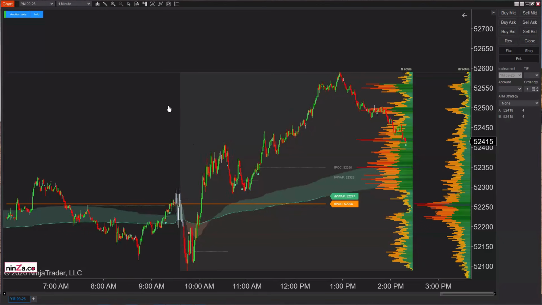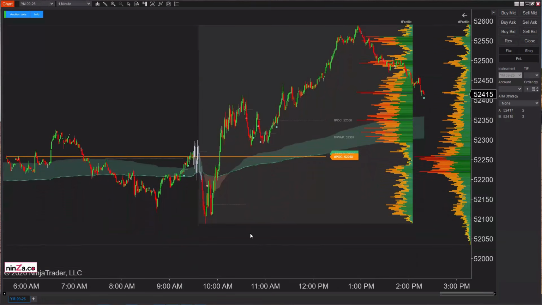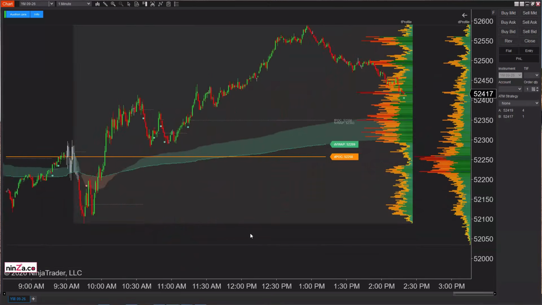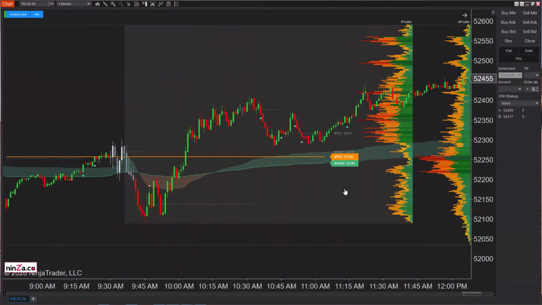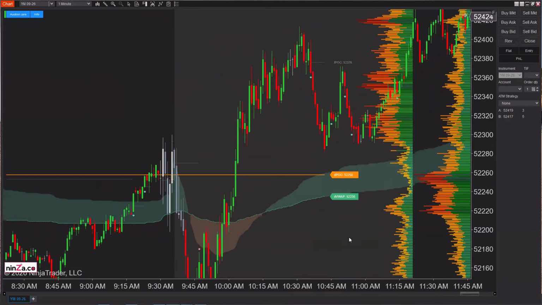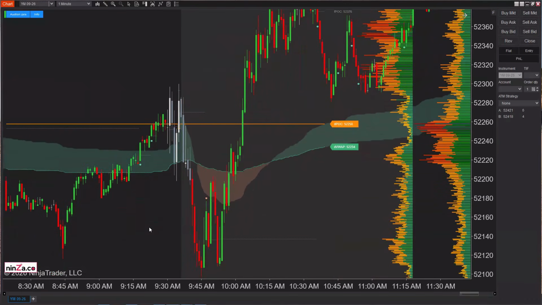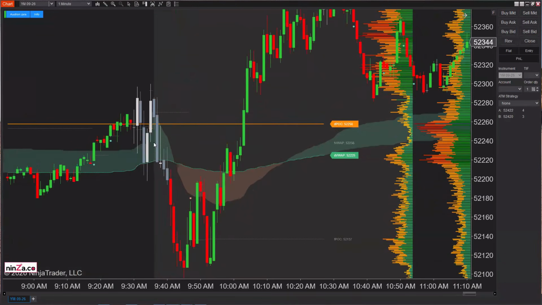YM. So YM has something the NASDAQ did not have. Let me make sure you guys can see this. When you start seeing gray bars like this, this kind of lets you know that a big move is coming.